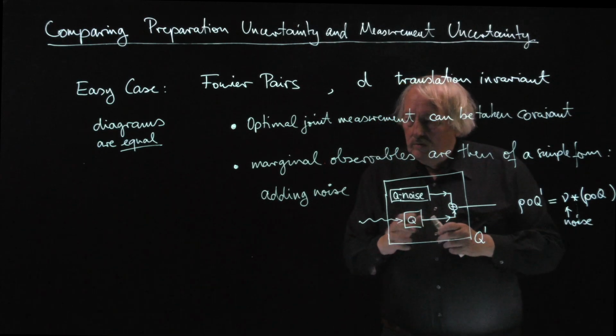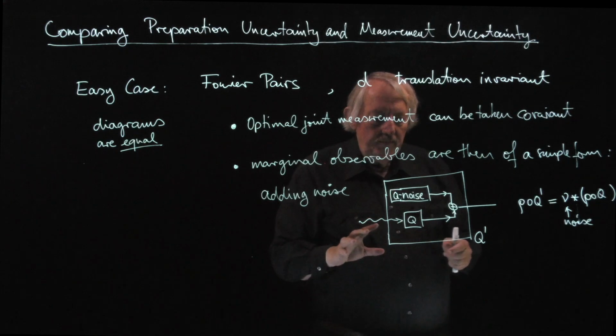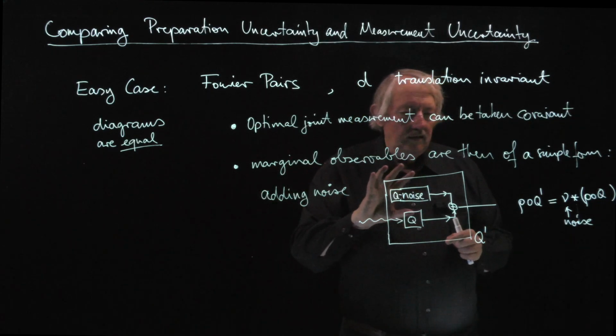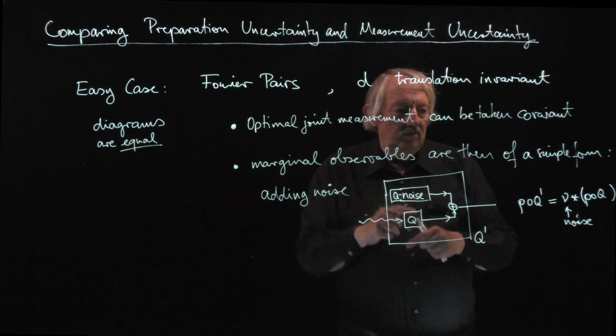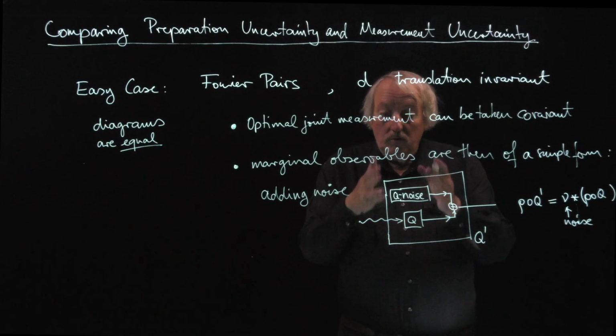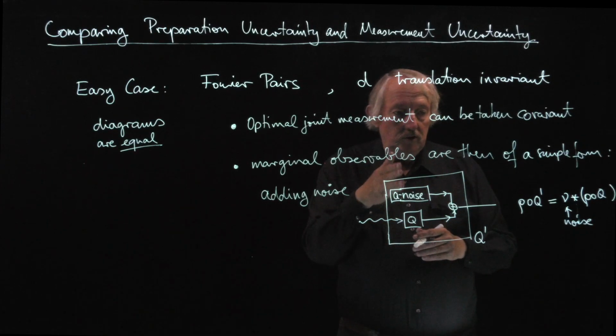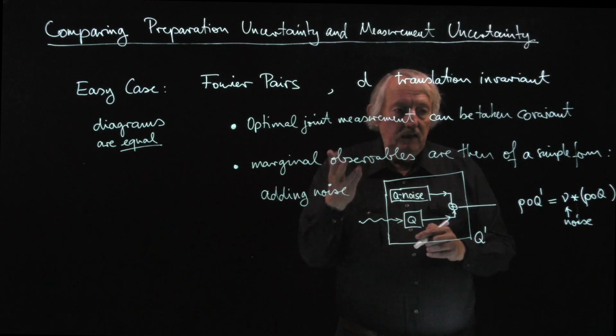So now the problem shifts a little bit. Rather than understanding, we have to understand what these noises are. So if I make a covariant joint measurement, what are the possible Q noises and what are the possible P noises?